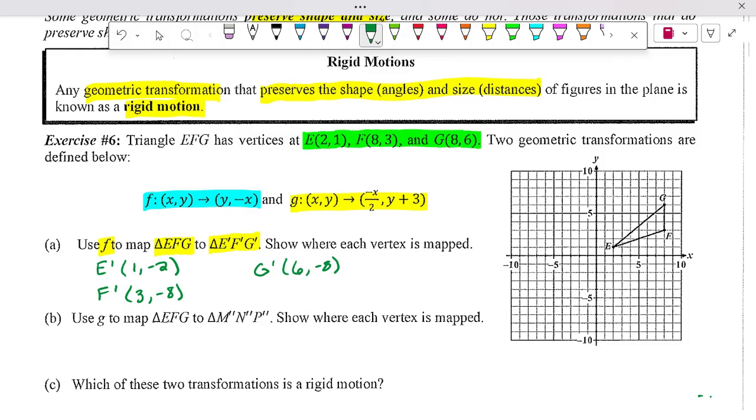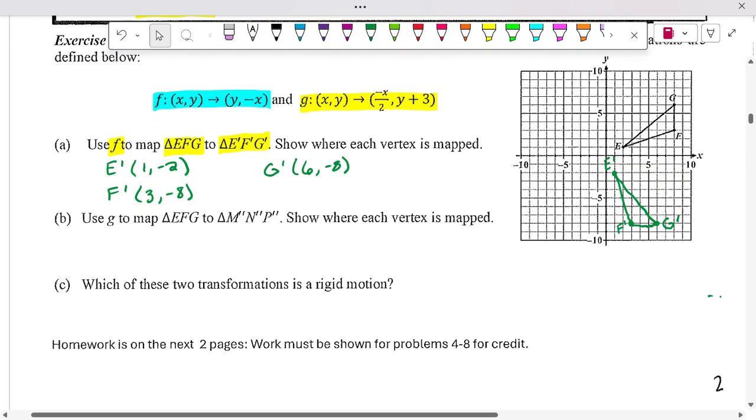Take a minute, graph that on your coordinate plane. All right, so when you graph your new triangle, it should look like the one in green. Any questions so far?